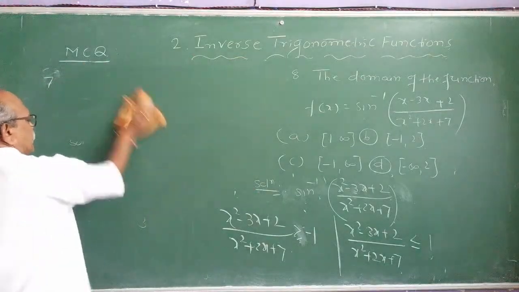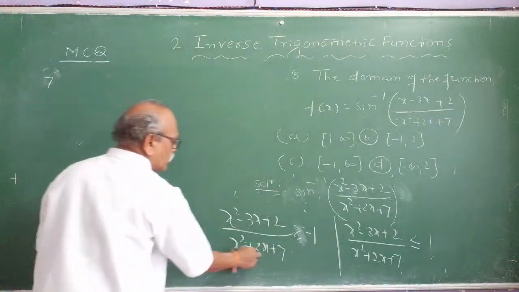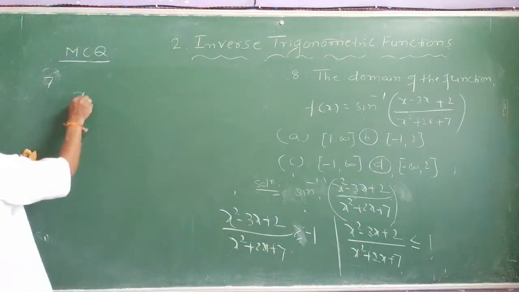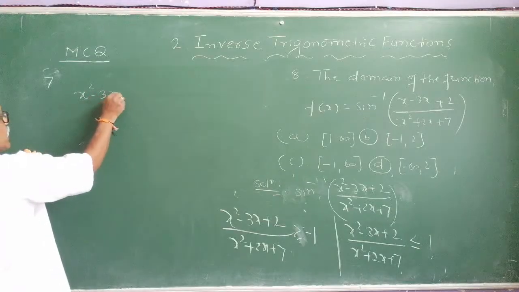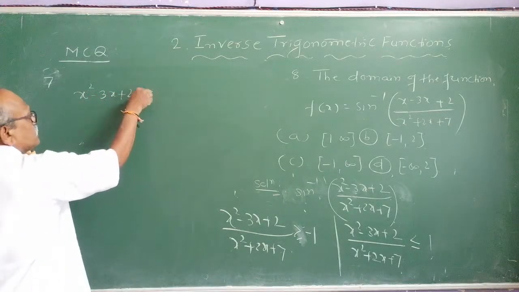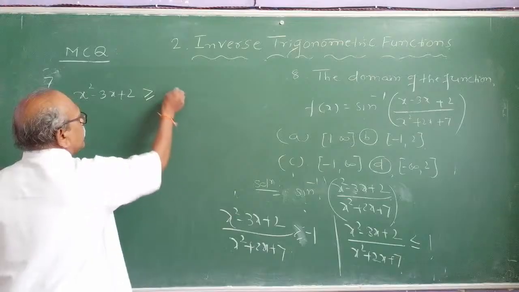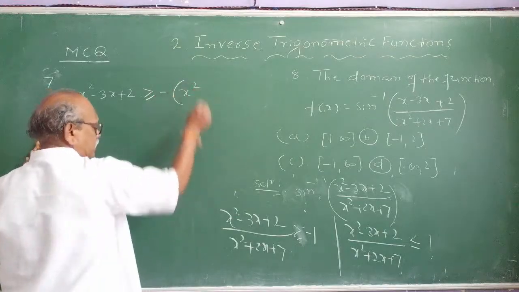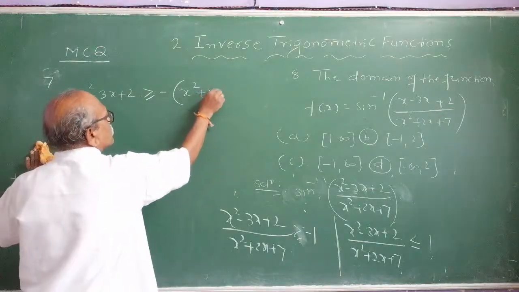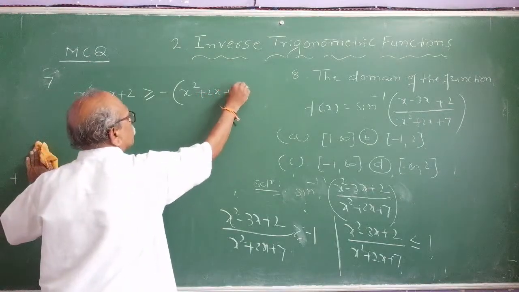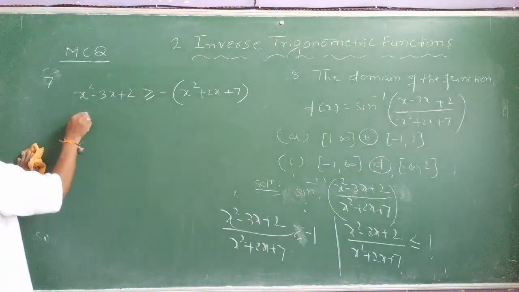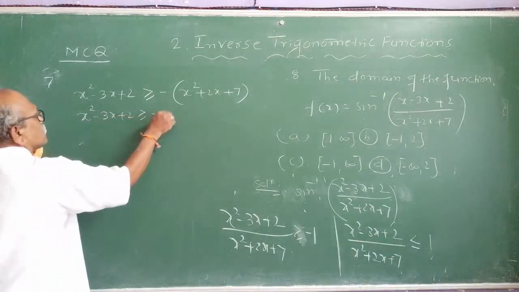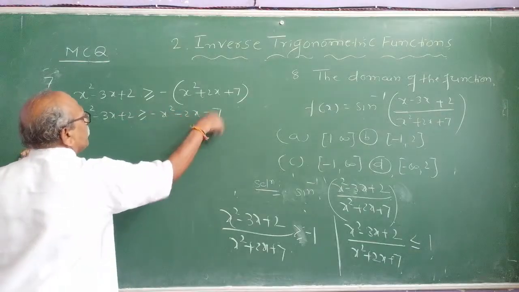Two values you will get. Take this x square plus 2x plus 7 to the right. What do you get there? You get x square minus 3x plus 2 is greater than or equal to minus into bracket x square plus 2x plus 7. x square minus 3x plus 2 is greater than or equal to minus x square minus 2x minus 7.